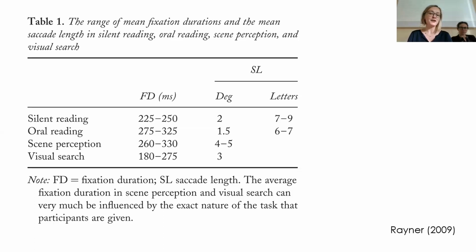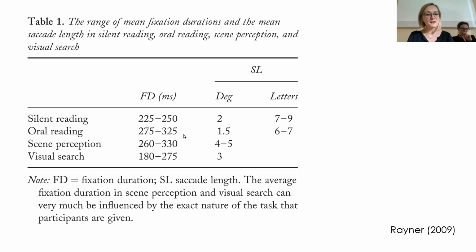We've been talking here about reading, but there are different types of reading. Here FD stands for fixation duration. When you're reading silently, your mean fixation durations tend to be shorter compared to when you are reading out loud, because you're listening to your own voice.